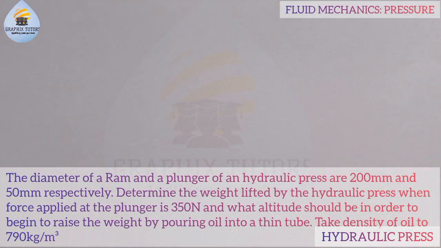Determine the weight lifted by the hydraulic press when the force applied at the plunger is 350 Newton, and what altitude should be in order to begin to raise the weight by pouring oil into a thin tube. Take the density of oil to be 790 kilogram per meter cube.